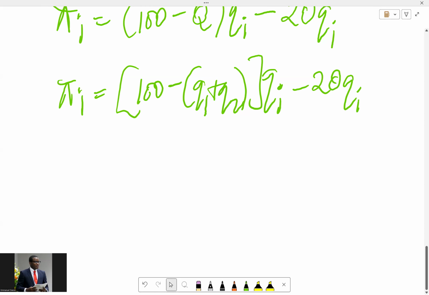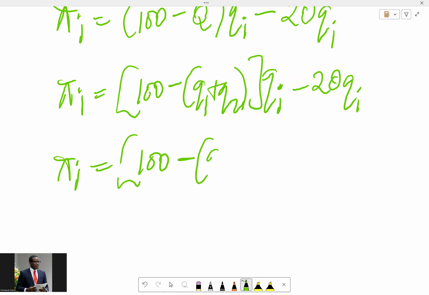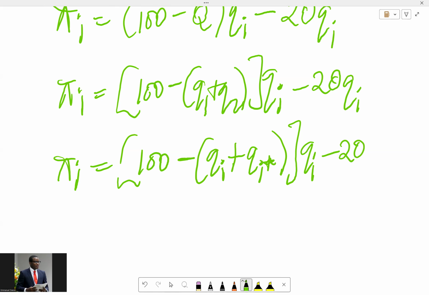Since we have two firms, this Qi can be for firm one or firm two, but can we do a kind of generalization where we say that pi i is equal to 100 minus Qi, if the first firm is Qi, and Q2 will now be, say, Qi star, that's for the second firm, all of this multiplied by Qi minus 20 Qi.